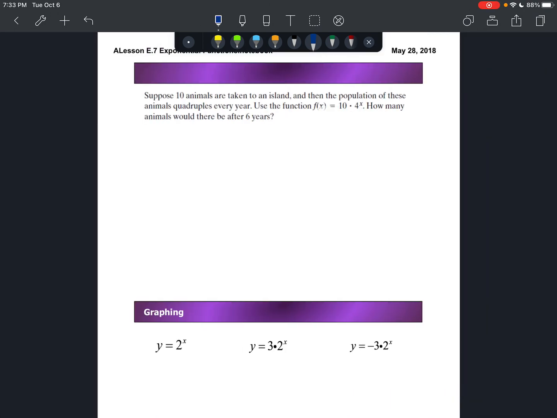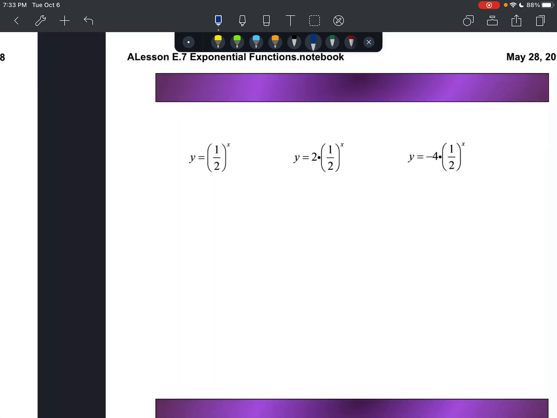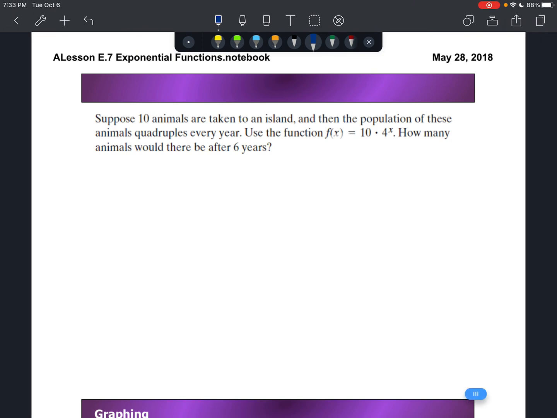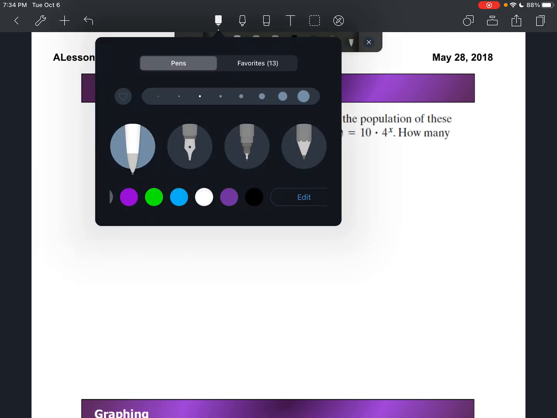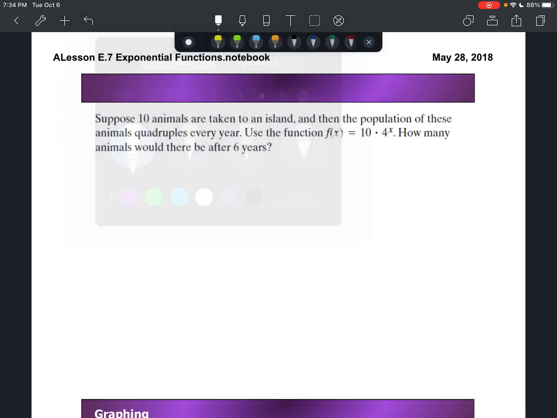Okay, so let's try a problem. Suppose 10 animals are taken to an island, and then the population of these animals quadruples every year. I can choose my pen color, I can make it white, and I can white out this function right here, and I feel very confident you can come up with that function on your own just by knowing that we start with 10 animals and that quadruples every year.